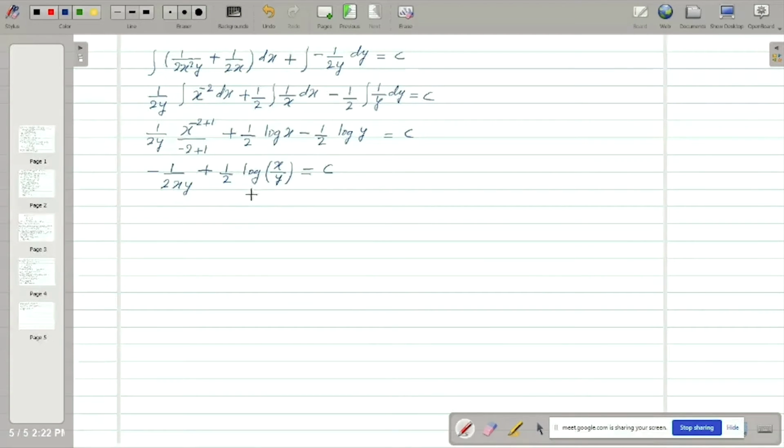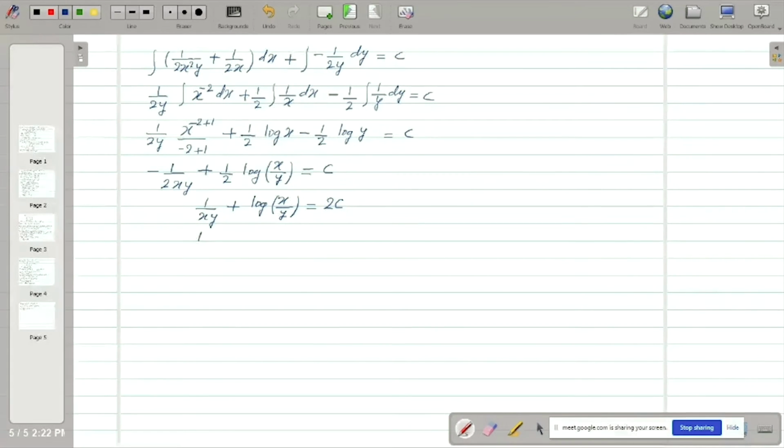So what is the common here? You will not take anything common. So we just multiply by 2 on that side. So multiplying by 2, this becomes minus 1 upon xy plus log of x by y, equal to 2c. Okay, so this is again a constant.